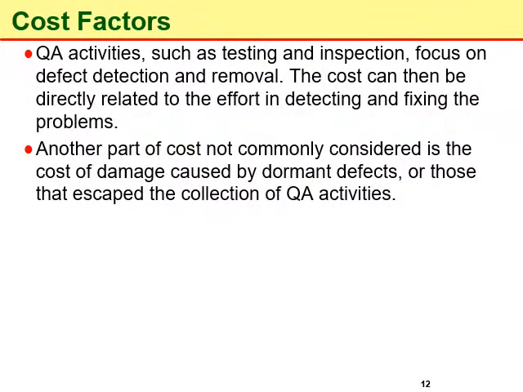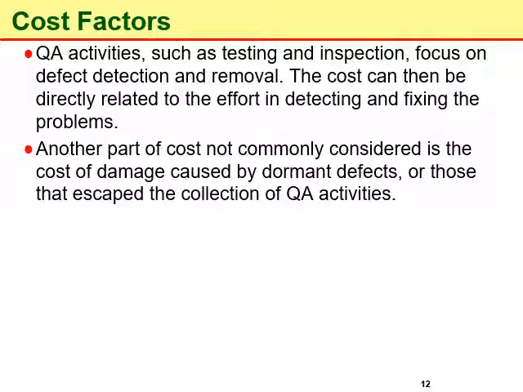Most of the traditional quality assurance activities, such as testing and inspection, focus on defect detection and removal. The cost can then be directly related to the effort in detecting and fixing the problem. Another part of cost not commonly considered is the cost of downstream damages caused by the dormant defects, or those defects that escape the collection of, for example, quality assurance activities.